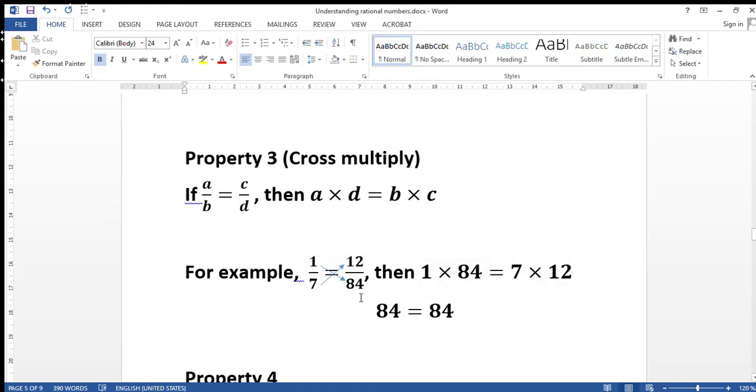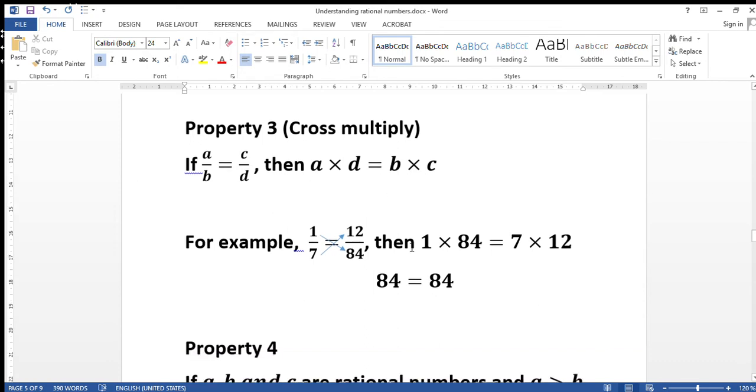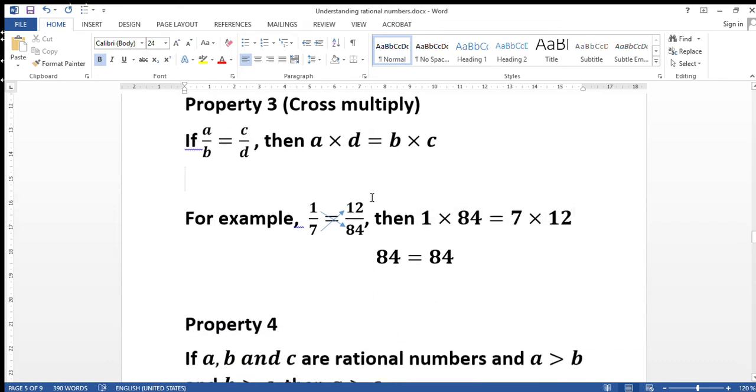Then 1 times 84 equals, do not forget the equal sign, 7 times 12. Calculating, 1 times 84 is 84, and 7 times 12 is also 84. So therefore this is correct. So don't worry about this cross multiply. We can use this during M3. So see you there.